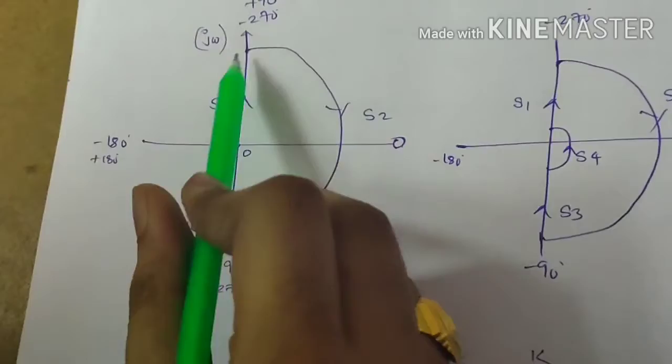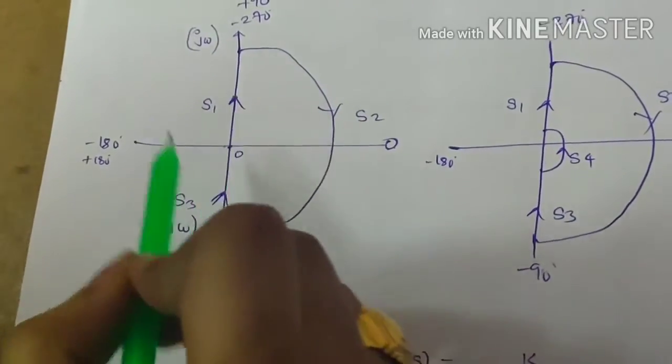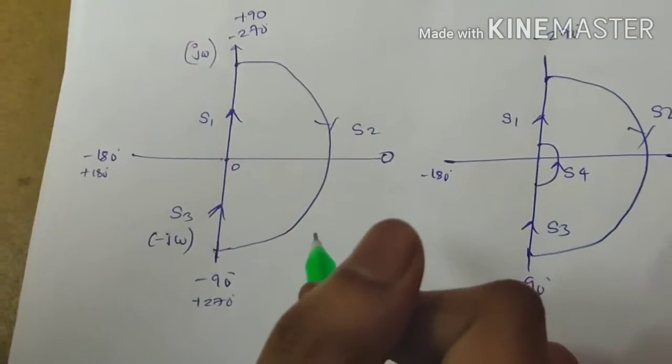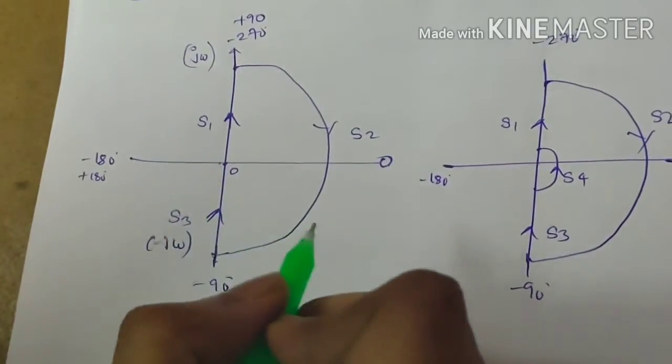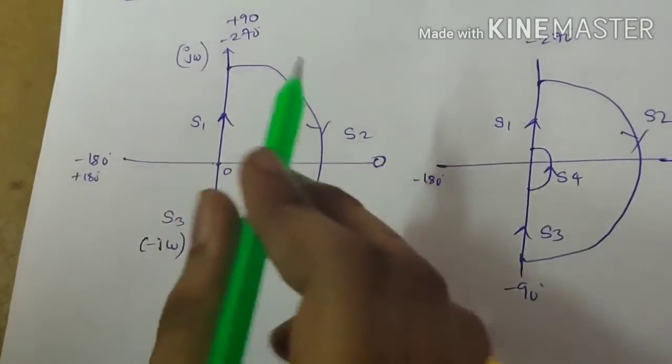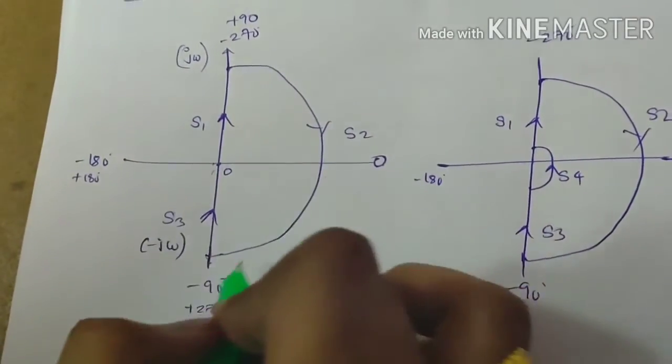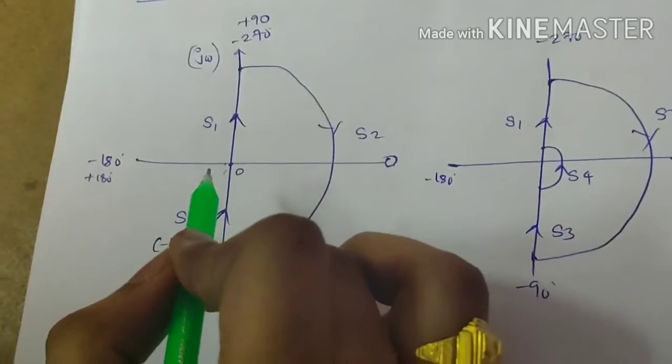So it is forming a closed path. Remember, in the Nyquist path, all the plots are in the form of enclosed circles. That is, there will be no open ends or free ends. Everything will be a closed path. It travels from where it starts and then comes and ends at that point.